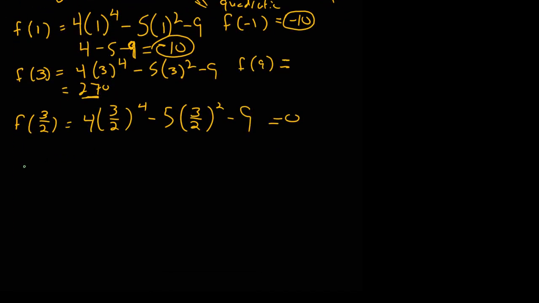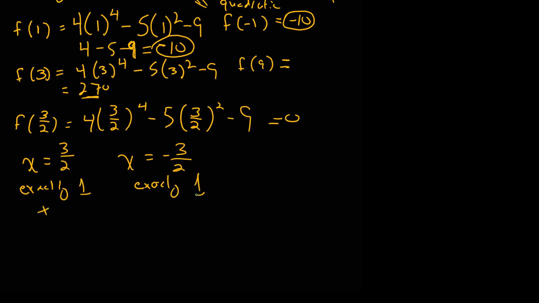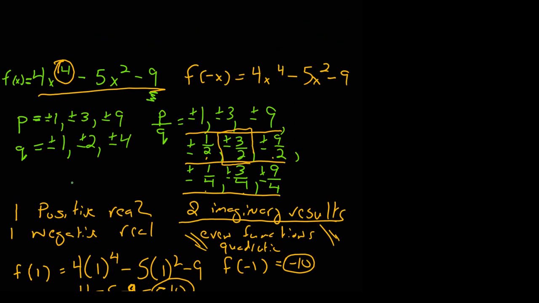So I know my answer for this has these values. This is my exactly 1 positive real and my exactly 1 negative. Right? Descartes' rule of signs said, hey, you're only going to get 1 positive real and 1 negative real.